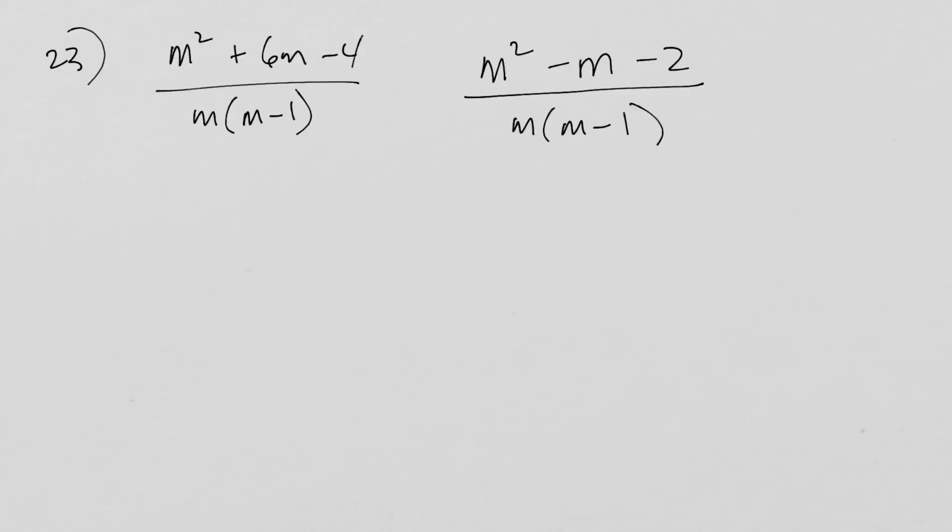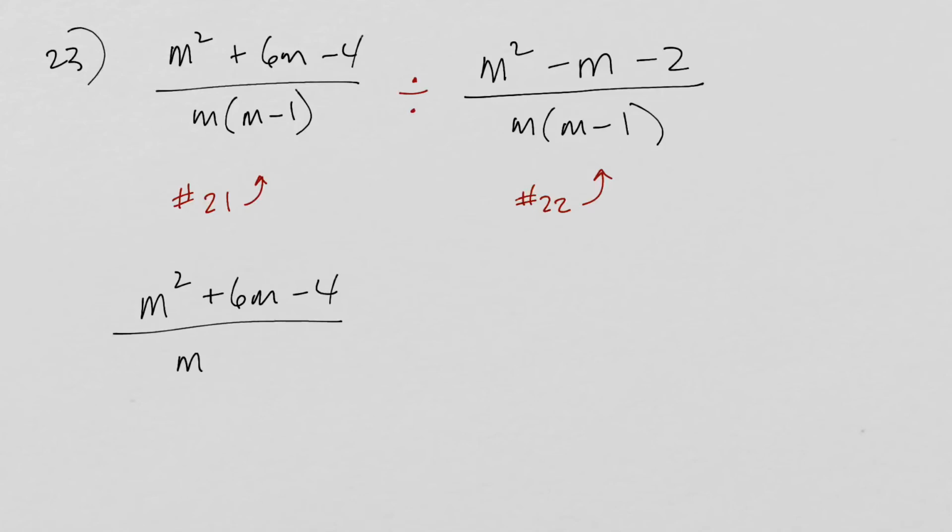Okay, number 23 wants us to divide the answer from number 21, and this is number 21's answer, with the answer from number 22. And that's that answer there. So when we divide, remember you have m, the first item, and I'm going to change it to a multiply and flip the second fraction upside down.